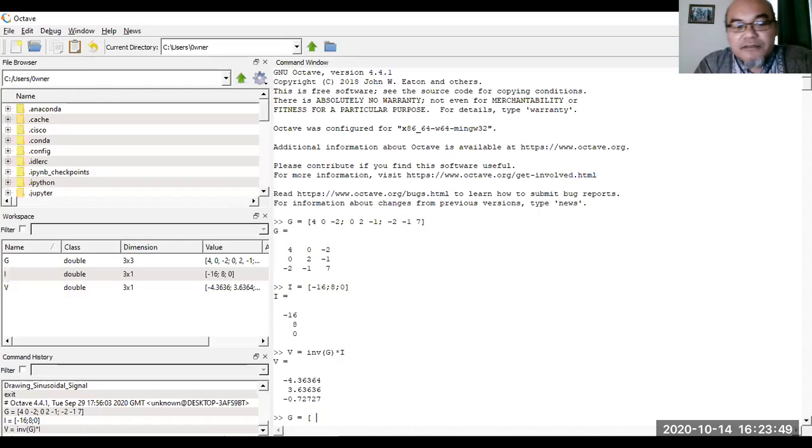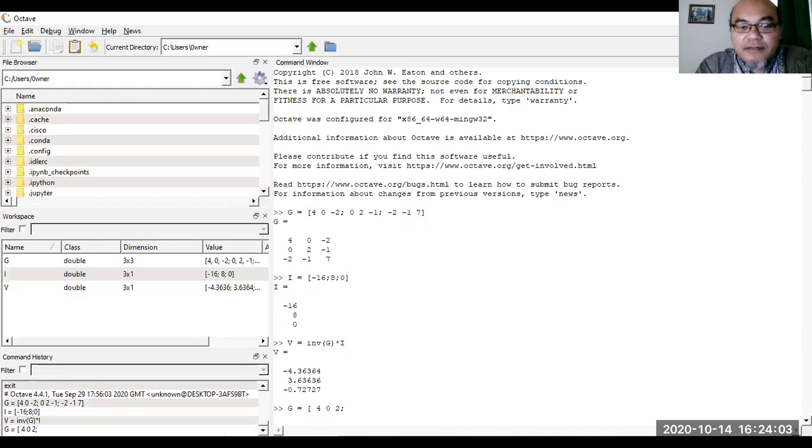So for example, the first row is 4, 0, 2, separating the elements by space, and then you move to the next row by using a semicolon. You can write it on the same line, or instead put it in the next row.